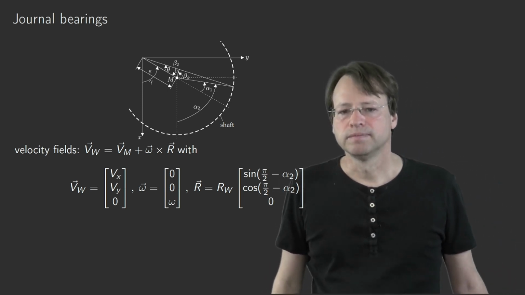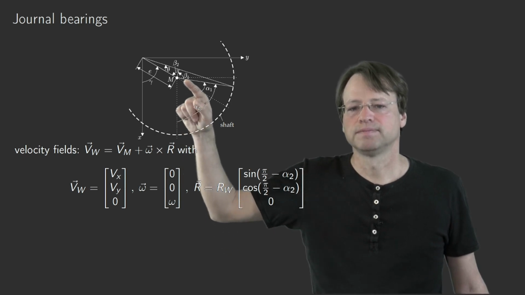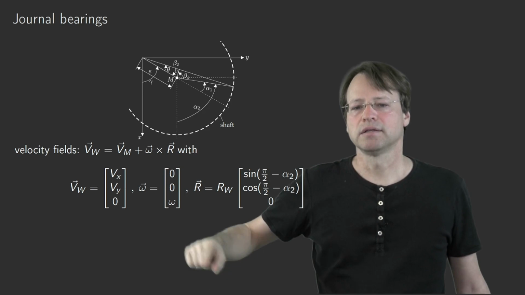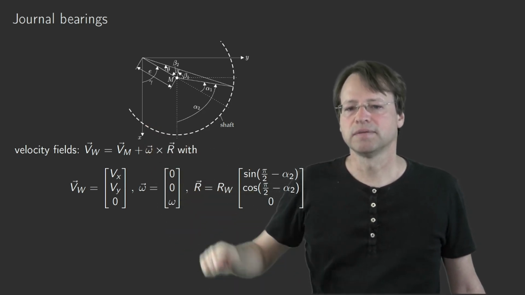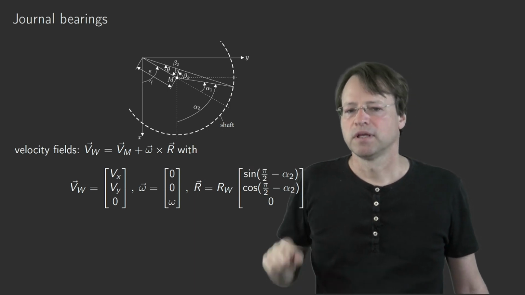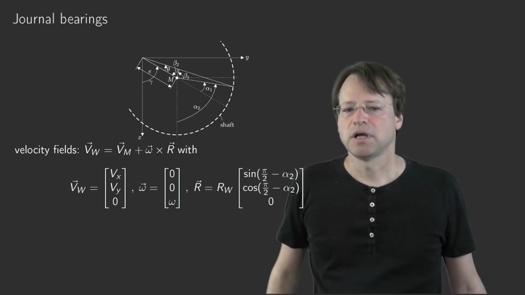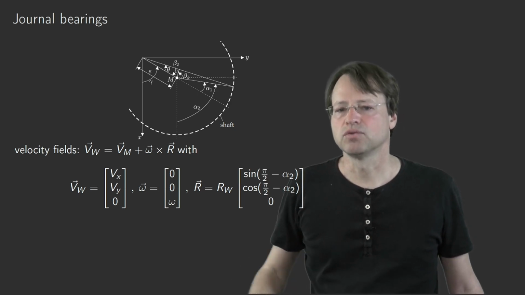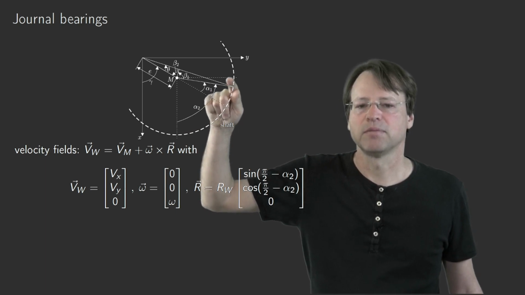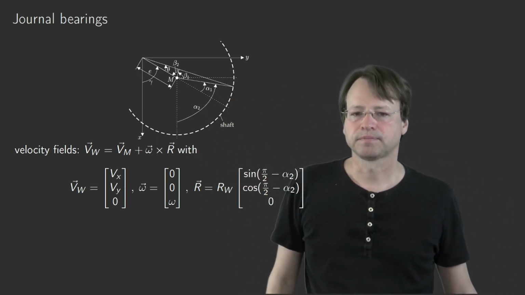And now, if you look at these angles, then we measure from a parallel to the vertical axis here by alpha 2. We measure that angle, but we take sine of pi divided by 2 minus alpha 2, which is then just the opposite, so the missing part to the horizontal direction here.